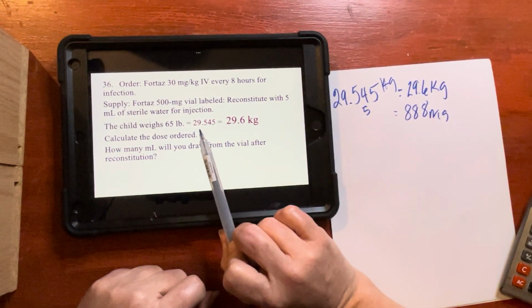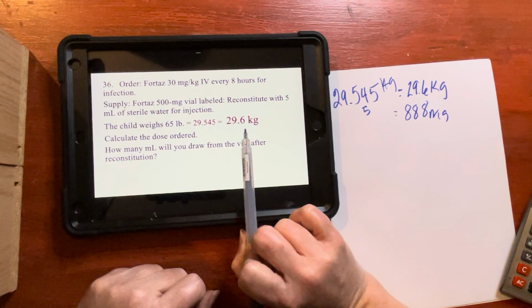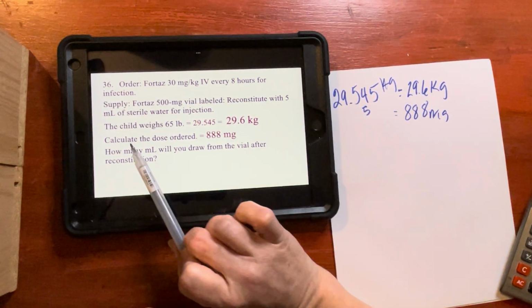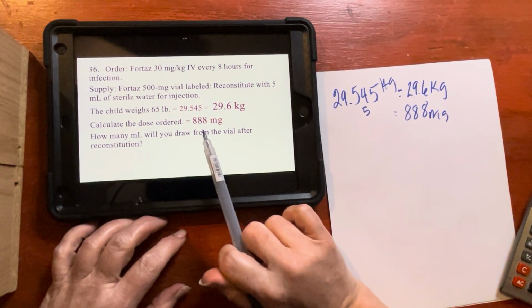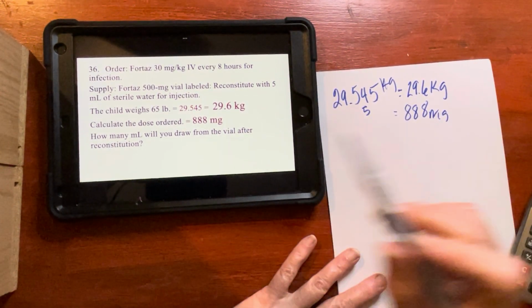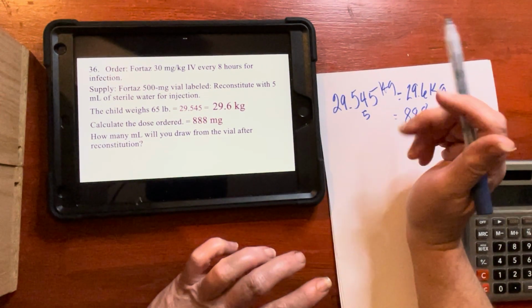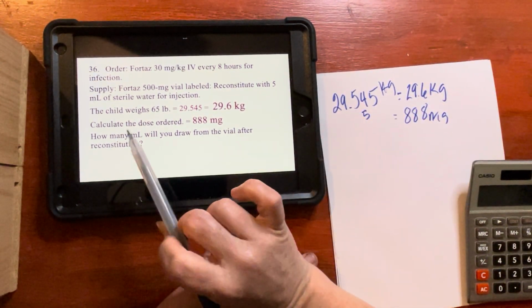You see his weight, 29.54 will be 29.6, and then calculate the dose ordered to be 888 milligrams is how much the doctor wants the boy to get. So now, we got to calculate how much we're going to get out of the vial.